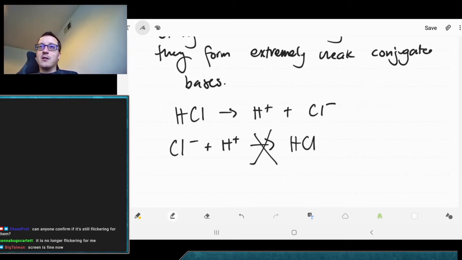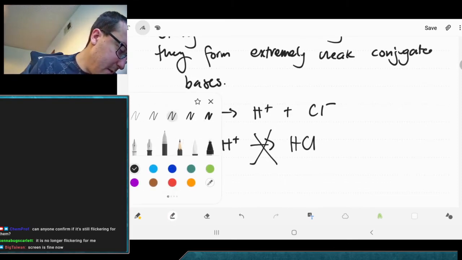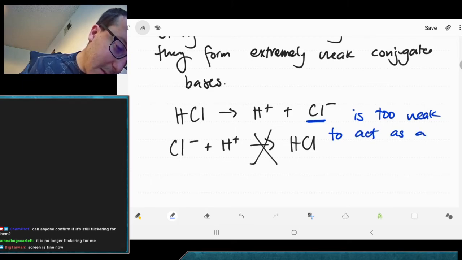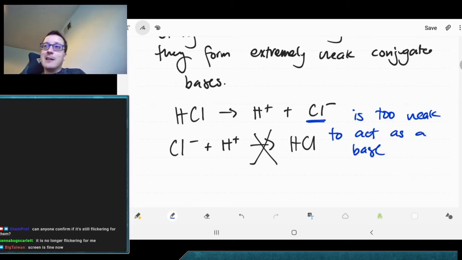Once they've split up, that's it. They're done. They're off doing their own things. So this chloride ion is too weak to act as a base. It is a negligible base.